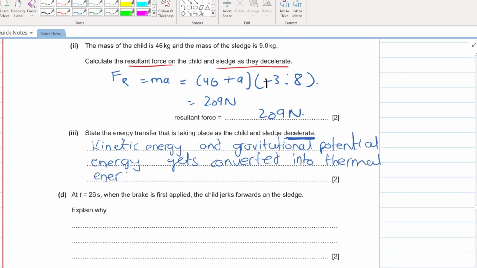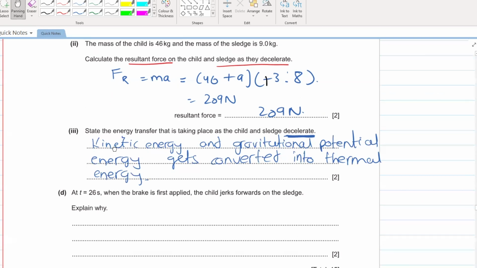Simple as that. Nothing complicated here. Shabash. Now let's further move ahead.